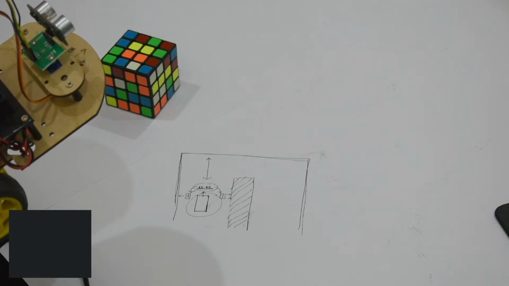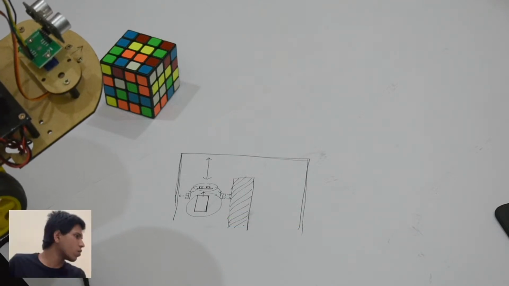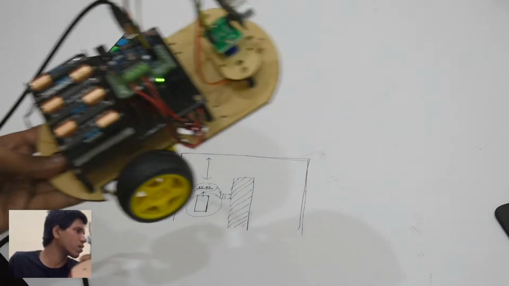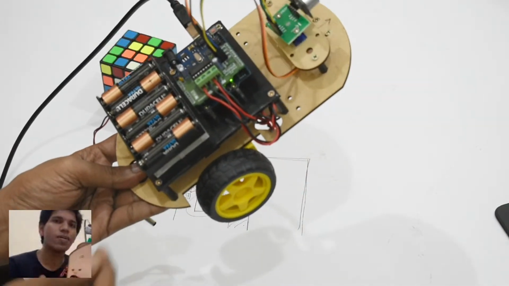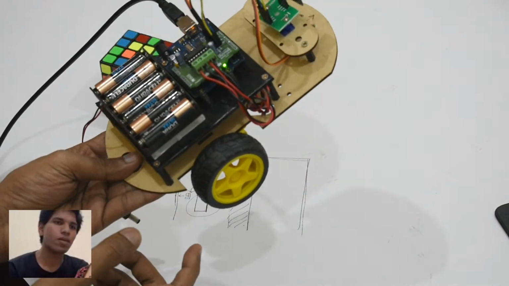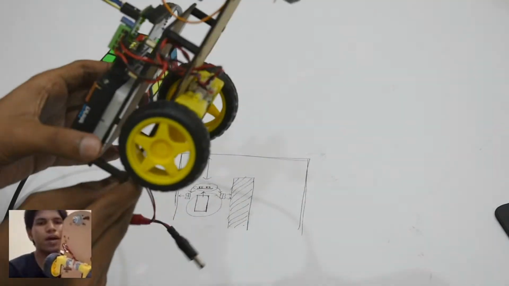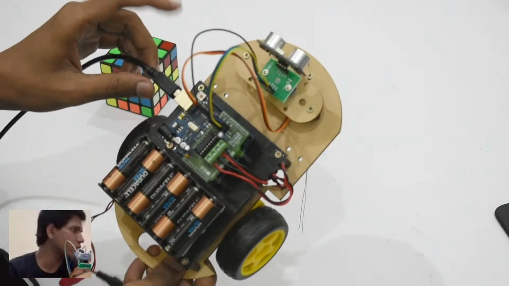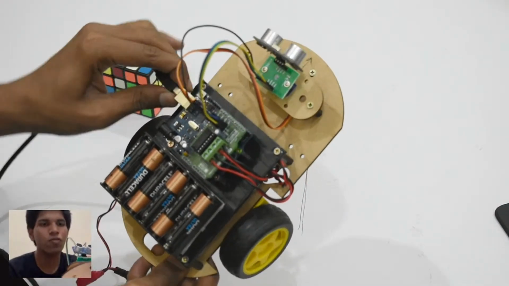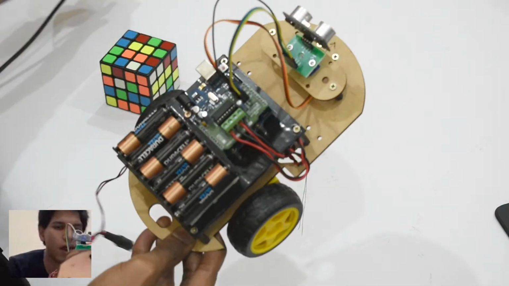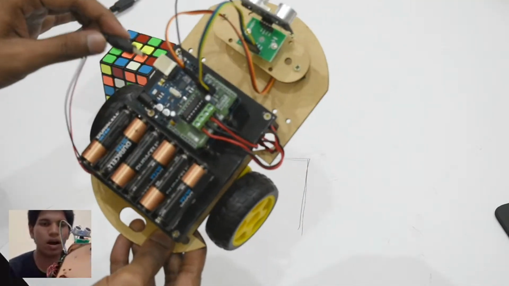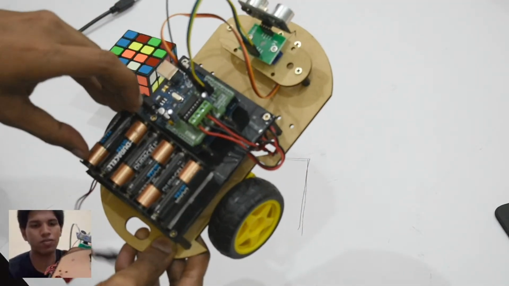Once that has happened, I am going to show you guys what it looks like. Right now I'm just going to disconnect the cable from the computer, and to run our car I just have to connect the battery source.